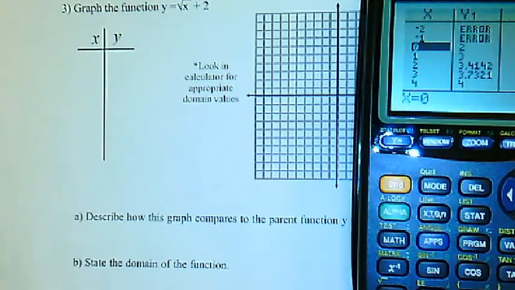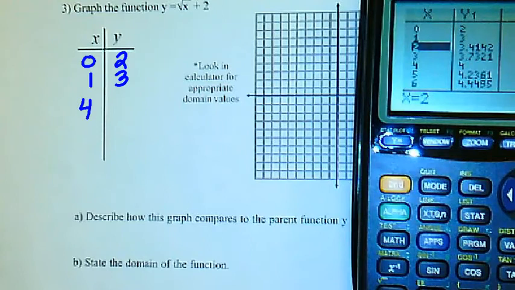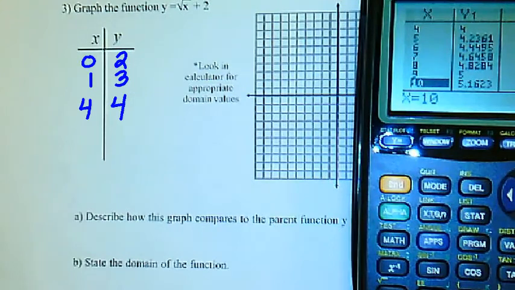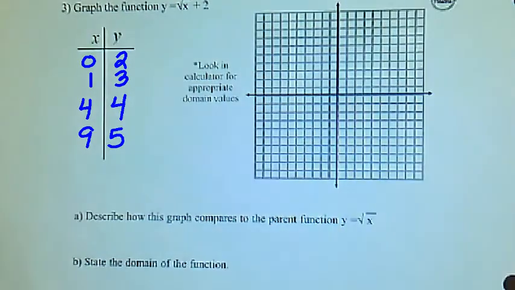So I'm just going to use 0, 1, so 0 goes to 2, 1 is 3, I'll use 4, and just to get a nice curve, I'll do 9 goes to 5. Okay, so then again, you are just going to plot that on your graph.